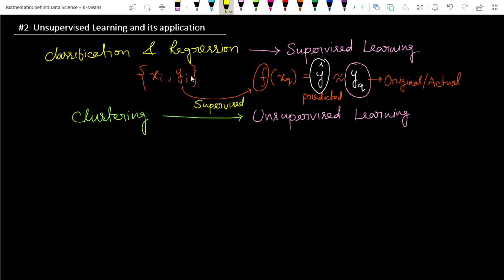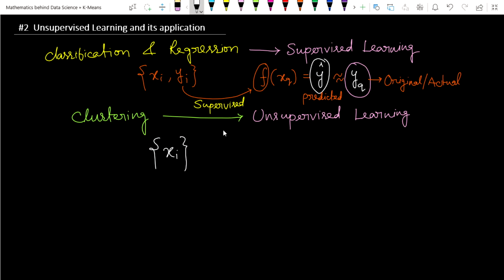But in clustering, the data set has only a single type of quantity, only independent variables. There are no yi's. So to supervise our model, there is no data.